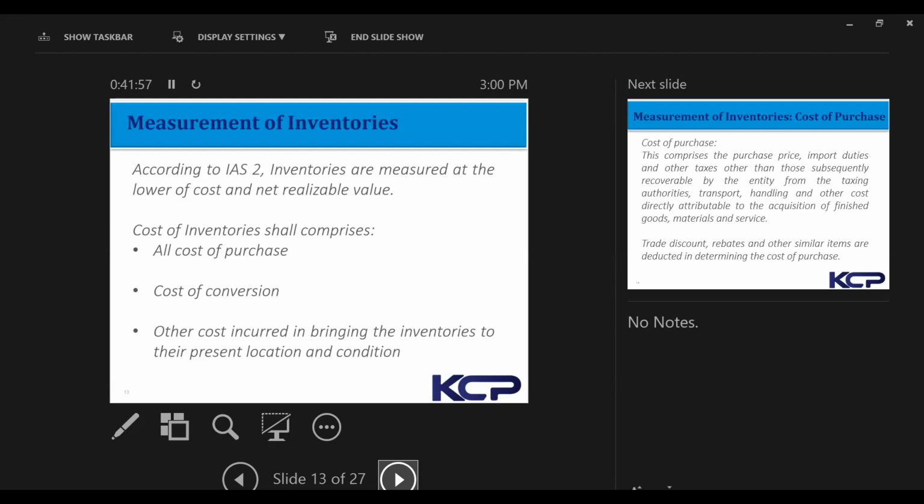So I remember when we were preparing for ICAN, the lecturer would always say, you don't need to cram anything. But when you pick any standard, know its objective, know key definitions, know the scope, know the measurement provisions or criteria, know the recognition criteria, know the presentation, know the disclosure, and leave the remaining. Do you understand? Because some standards, if you look at them from the raw document, I was looking at IFRS 17 yesterday.